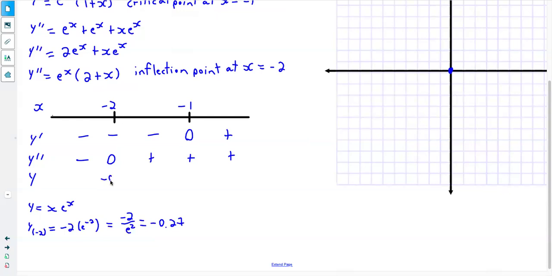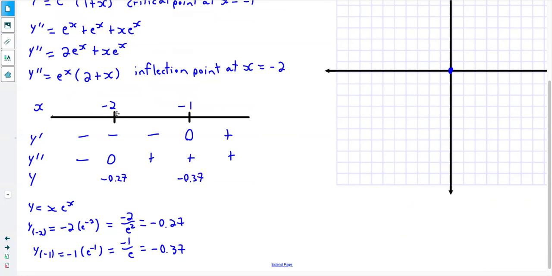So we've got -0.27 here. Next, we've got y of -1. That's -1 times e to the -1. So that'd be -1 over e. So that's roughly -0.37. So we found our critical point and our point of inflection.